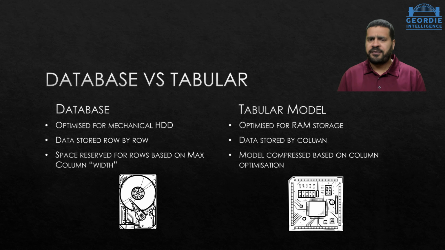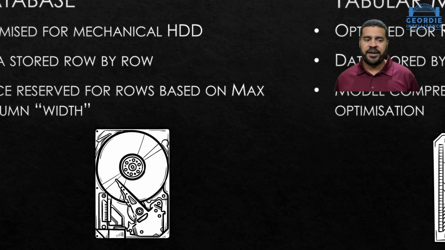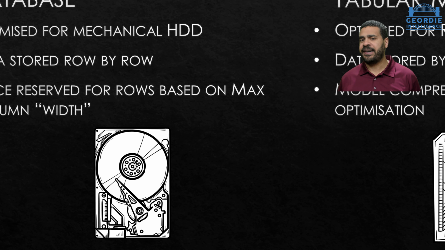So databases, for example, optimize their data to be stored by a mechanical hard drive, right? If we zoom in here on our hard drive, you can see we've got a little head here, and a platter. So you want the head to move as little as possible up and down, okay?